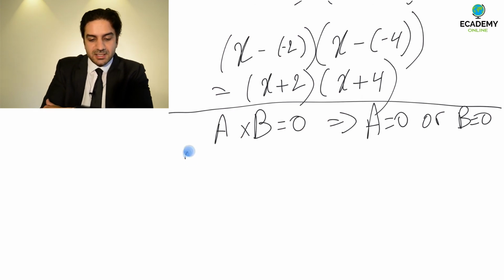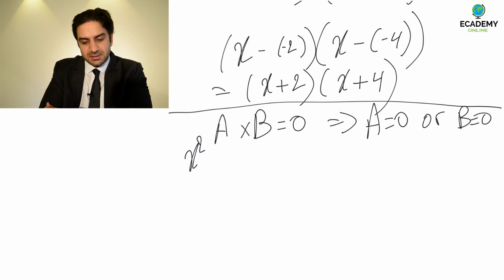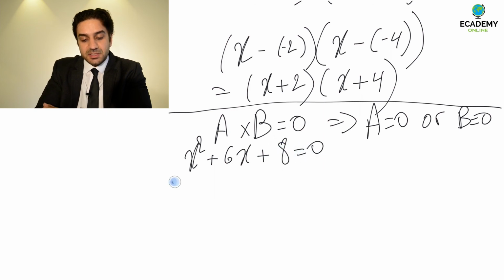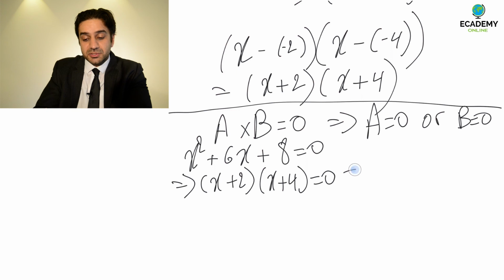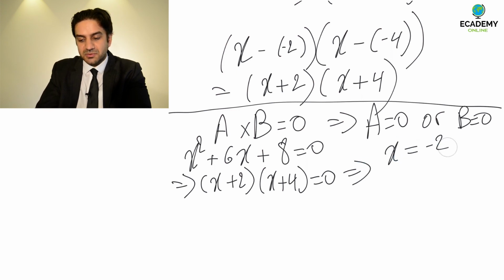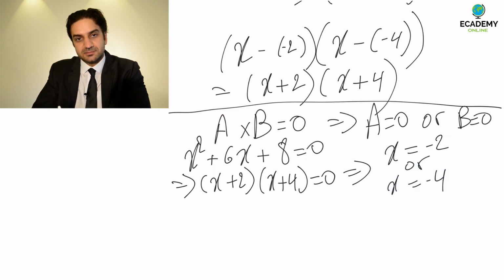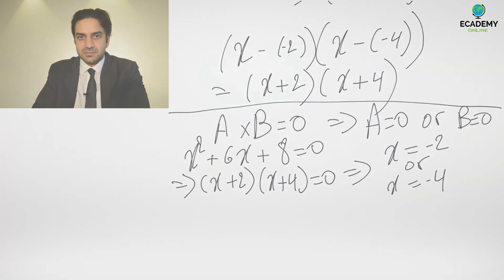If I had x squared plus 6x plus 8 equal to 0, this means x plus 2 times x plus 4 equal to 0, which means, as my roots go, x equals minus 2 or x equals minus 4. This is the main reason why we factorize, because it helps us solve quadratic equations and any other equation.